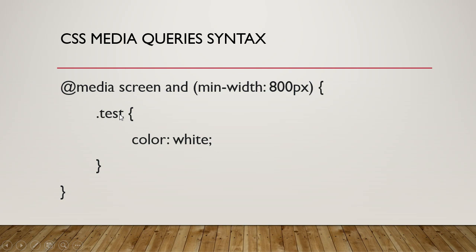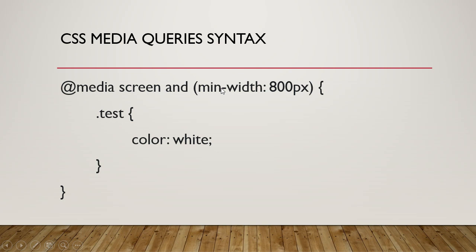You target the element, and give it whatever property you want to take effect. But this time around, you first specify a rule up here, and then inside that rule you drop whatever you are targeting. Whenever any device meets this rule, whatever you have specified here will take effect. It's that simple. Very, very simple.